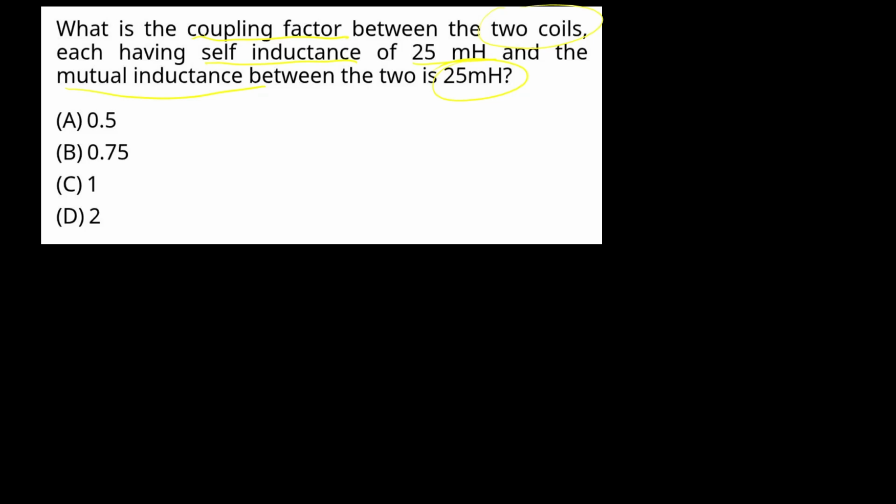The self-inductances of the first and second coils are equal, 25 millihenries, and the mutual inductance given is also 25 millihenries. We have to find the coupling factor in this scenario.